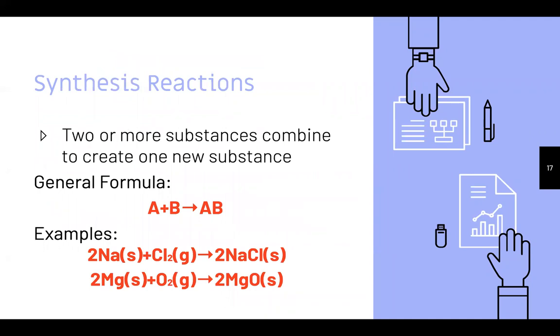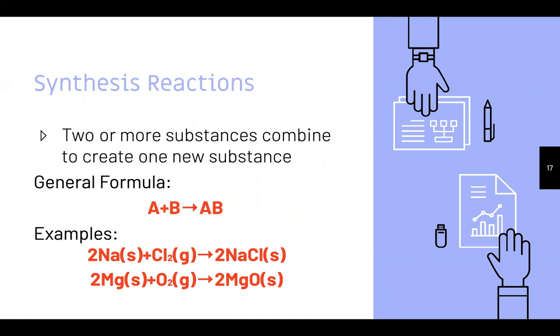So what is a synthesis reaction? A synthesis reaction is when two or more substances combine to create one new substance. Right, we can look at that general form. Now, what does that general form mean? This is saying that this is the basic component of each of these reactions.